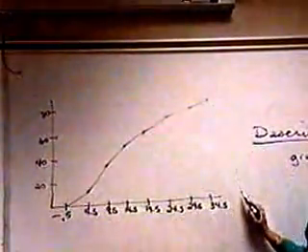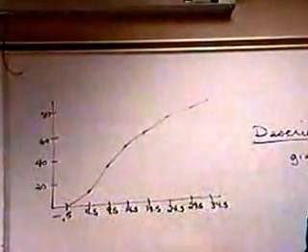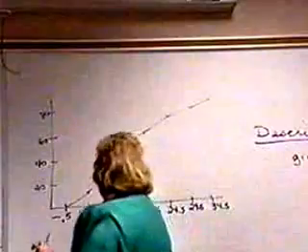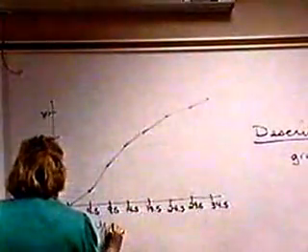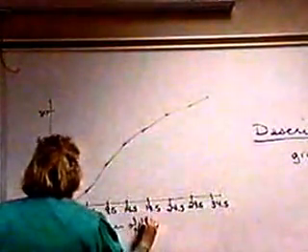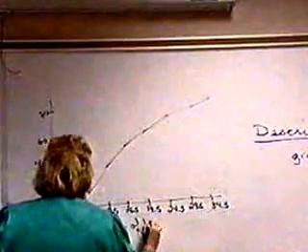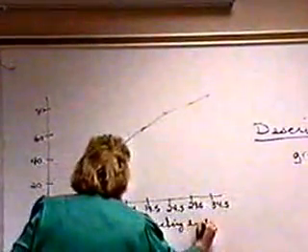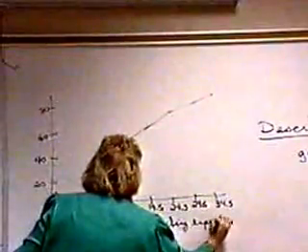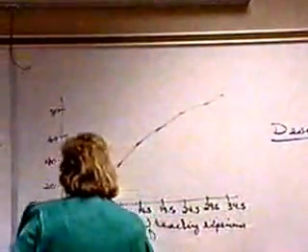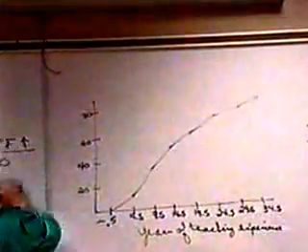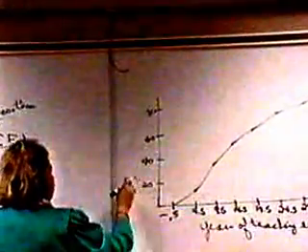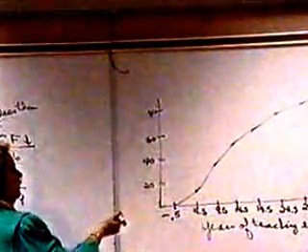It is not true on this end to have a 0. Again, we label years of teaching experience here. But over here on this side, we must label this cumulative number of professors.